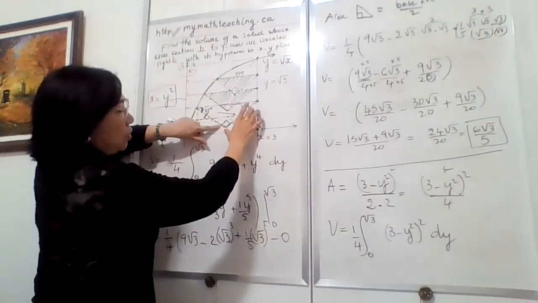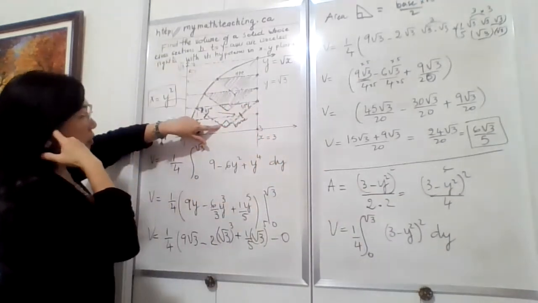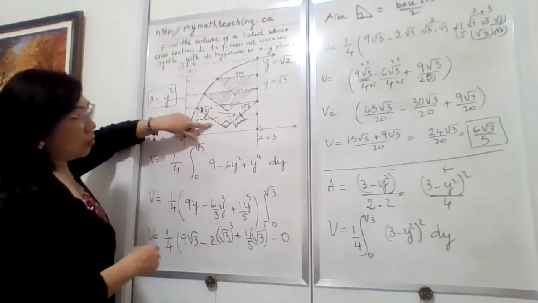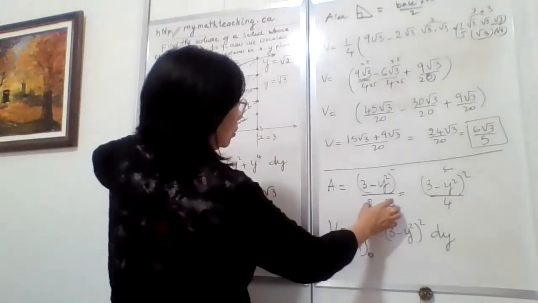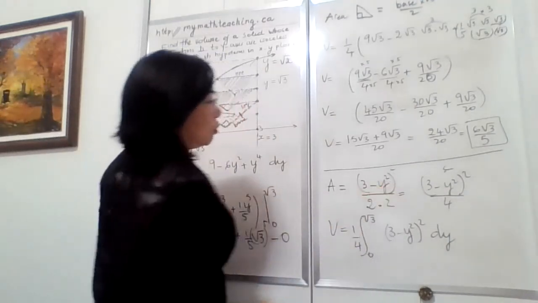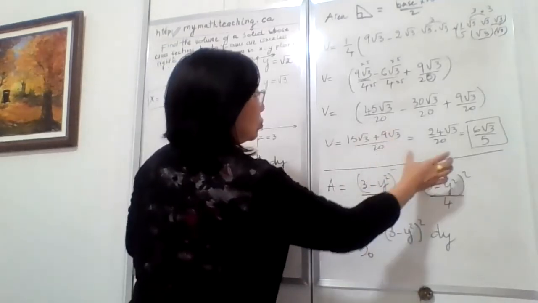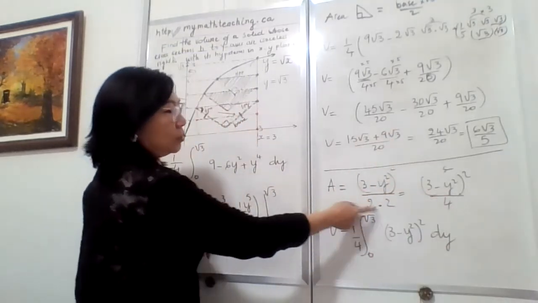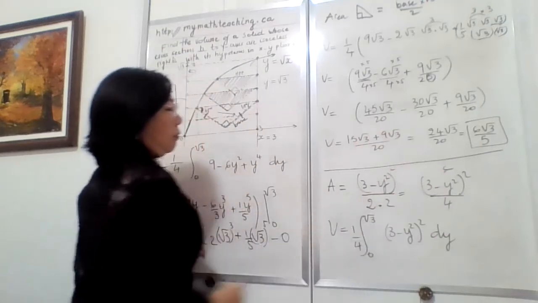Divided by 2. But remember we have to divide it. Actually, after we find the ratio, we know that the base is square root of 3 minus y squared over square root 2. So square root 2 times square root 2 turns out 2. We have to divide by 2, so that is over 4.